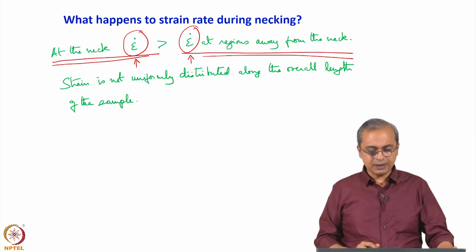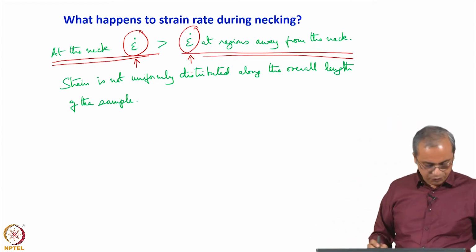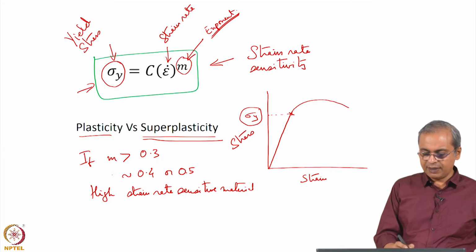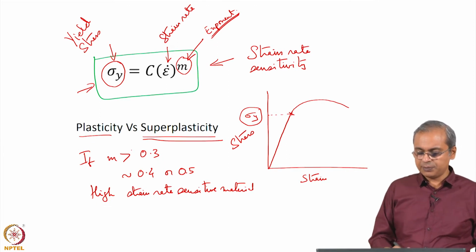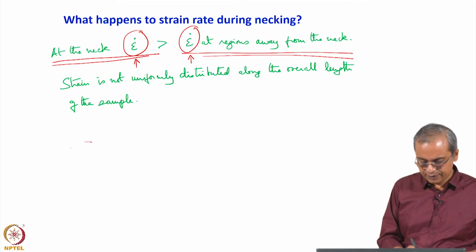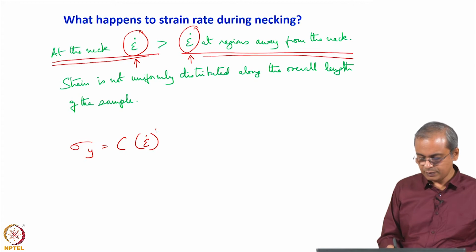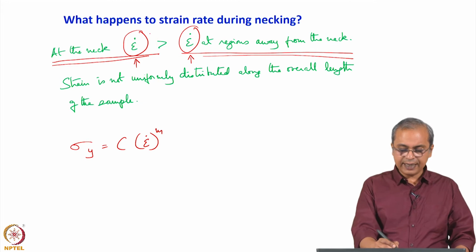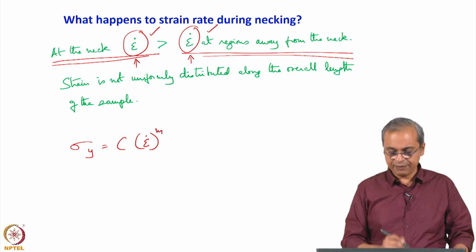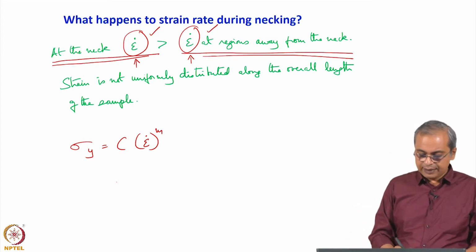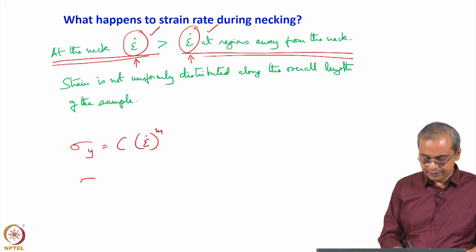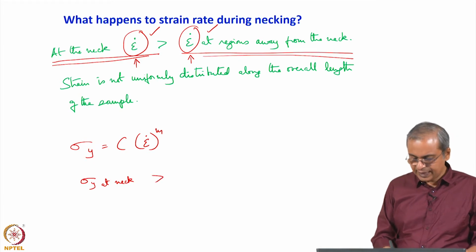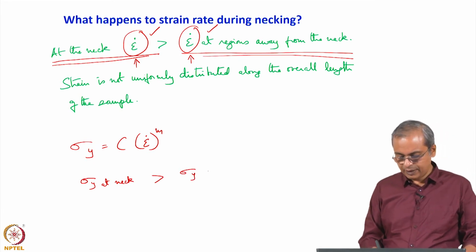So, now if you go back to this equation, you have sigma y equal to some constant c times epsilon dot power m. I will write that here. Okay. So, the strain rate at the neck is higher than the strain rate at regions away from the neck. Therefore, sigma y at the neck is higher than sigma y away from the neck.